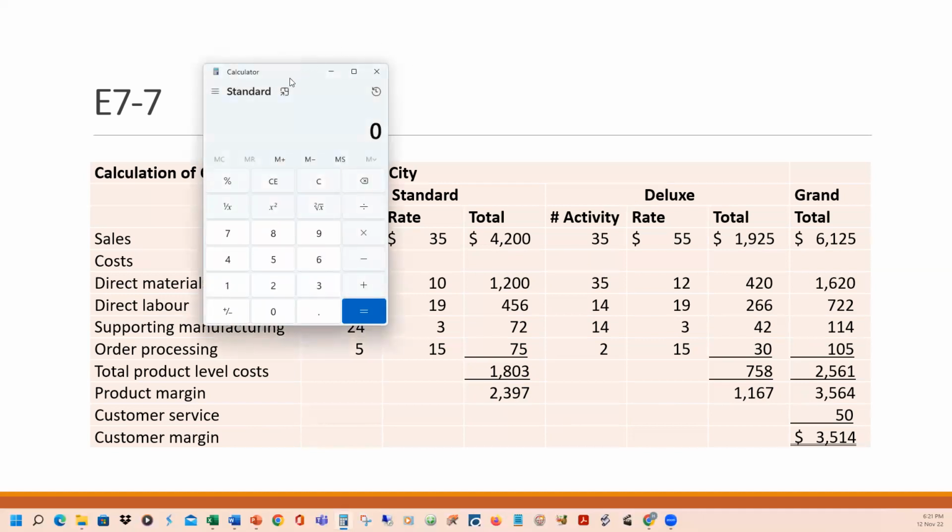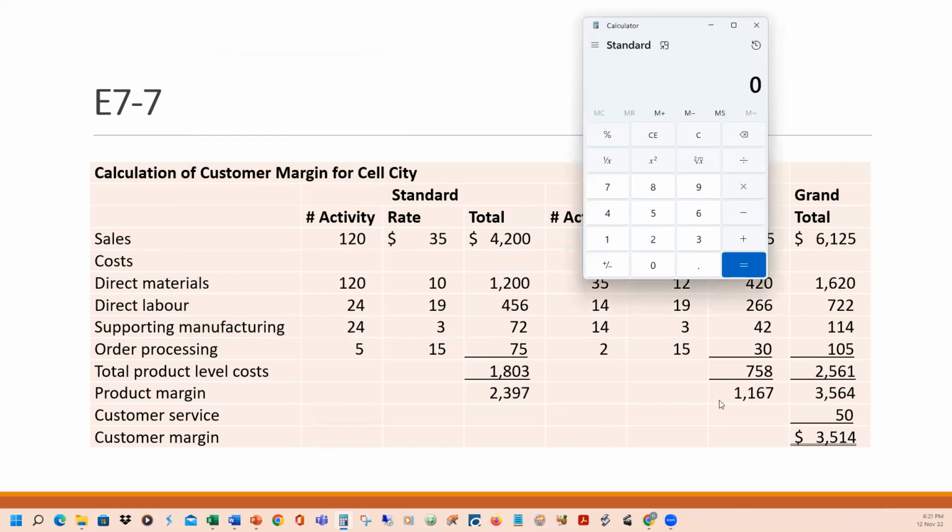Now, something that I would like to point out is when we compare the product margins for the two products, it's useful to express that information as a percentage of sales. So if we divide, for the standard model, $2,397 of product margin by the sales of $4,200, the product margin as a percentage is 57.07%.